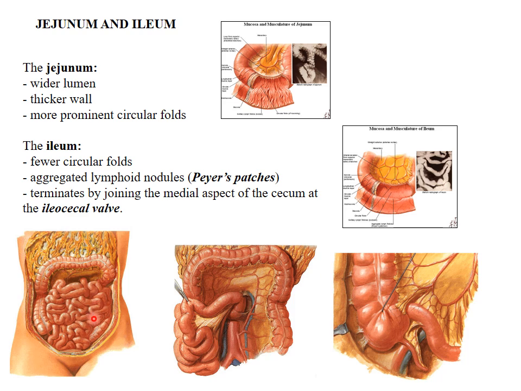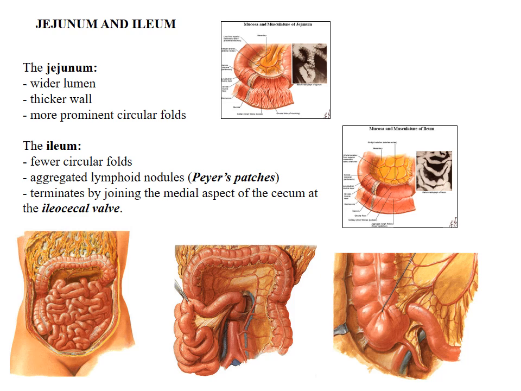This is a convoluted tube which extends from the duodenojejunal flexure to the ileocecal orifice, and this part is about 5 to 6 meters in length.